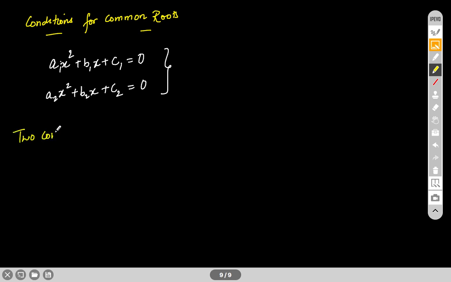Two common roots means both roots are the same. So let's say this has alpha, beta, and this has also alpha, beta. What is the relationship between A1, A2, B1, B2, C1, C2 if they have both the roots common?